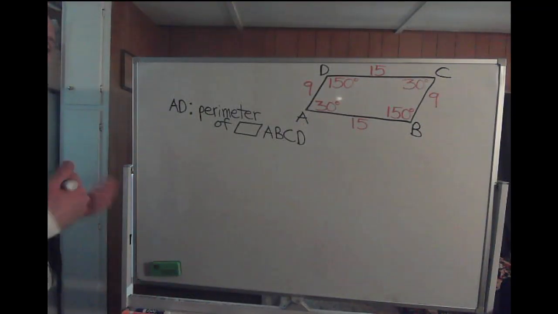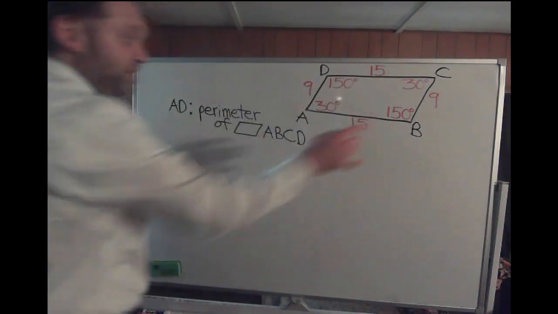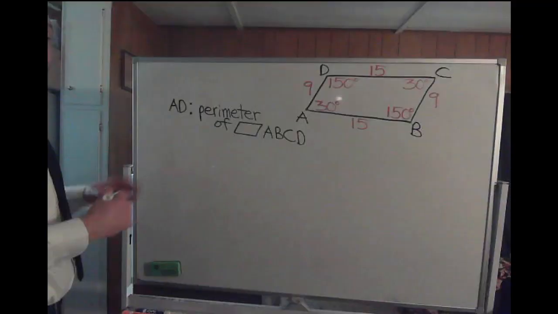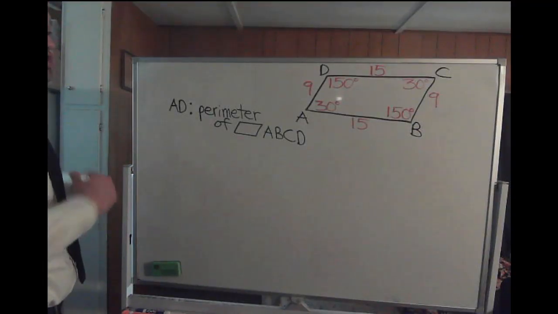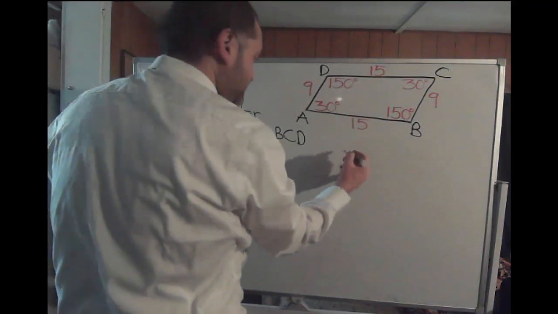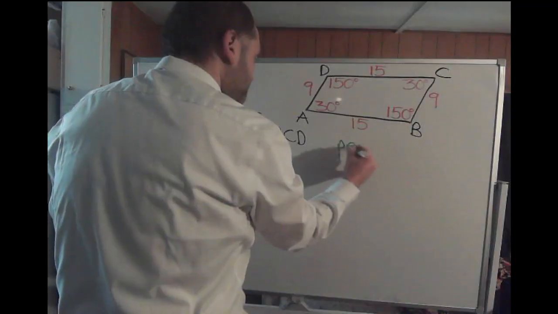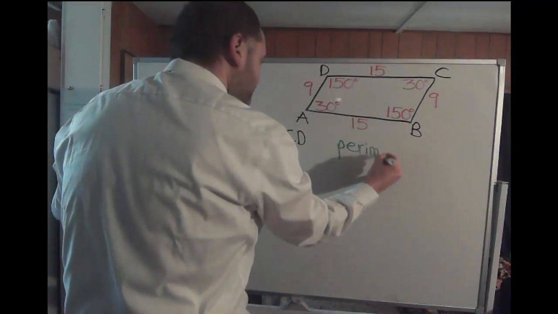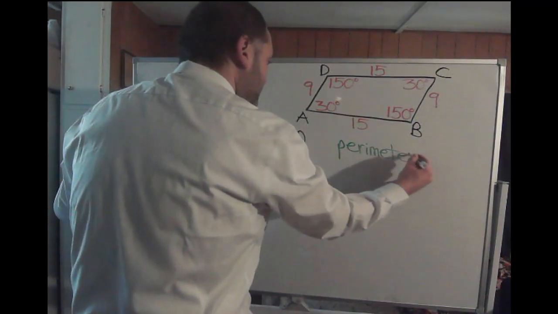Well, what is the perimeter, if we remember? The perimeter is simply the distance around the shape on the outside. To get the perimeter, all you do is add up the length of the four sides together. So the perimeter, we'll work that out on the side.